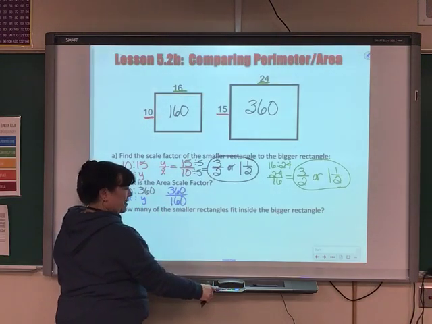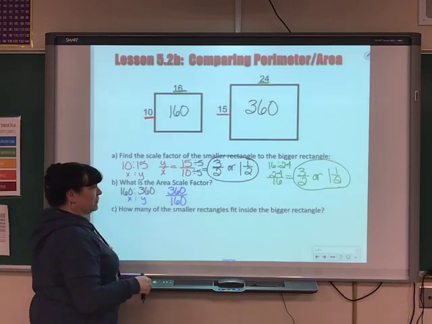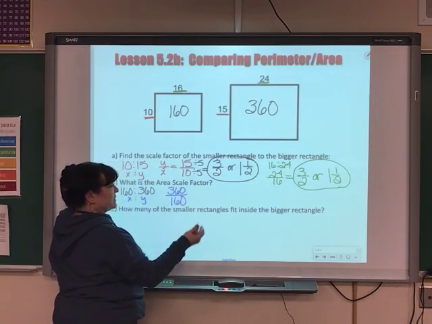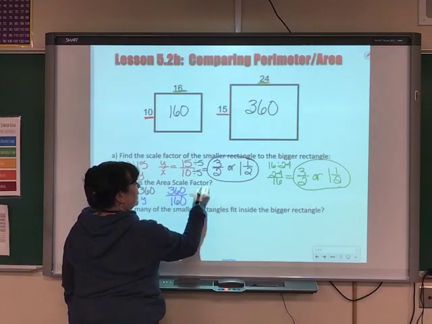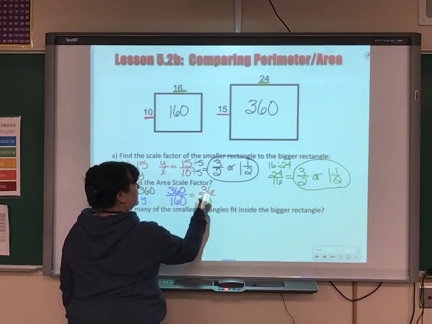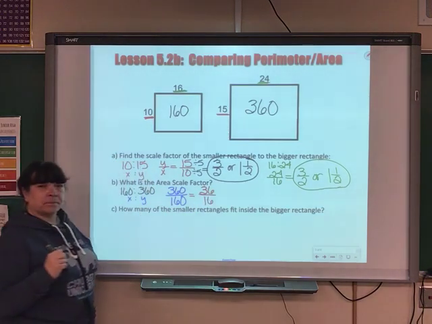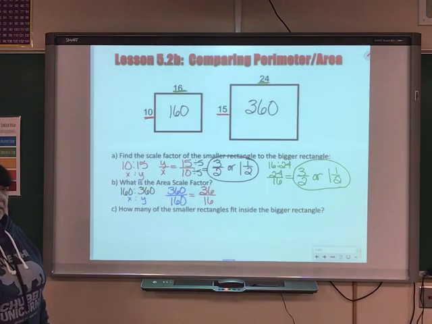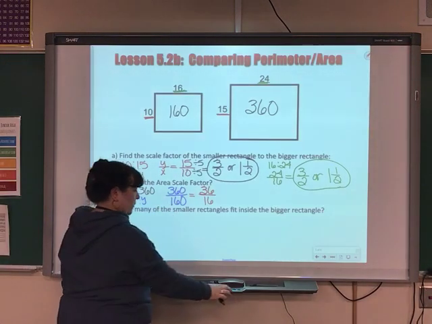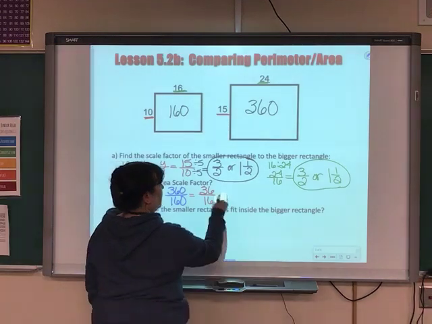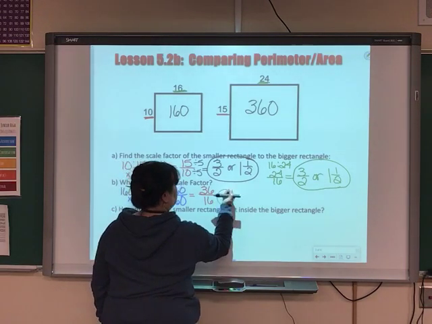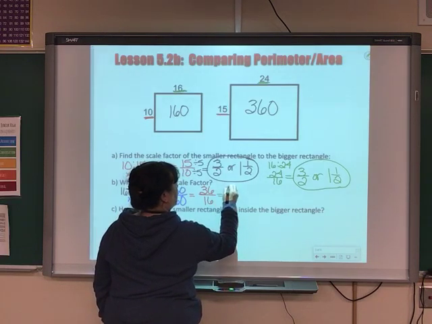And hopefully you guys can notice that there are some very common factors in there. First of all, they're both divisible by 10, which means that I can make this 36 and this 16. And I hope you all recognize that they also are now divisible by 4. And if I divide them by 4, this is going to become 9/4.